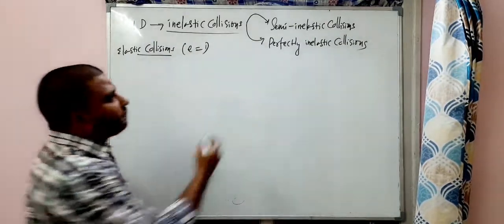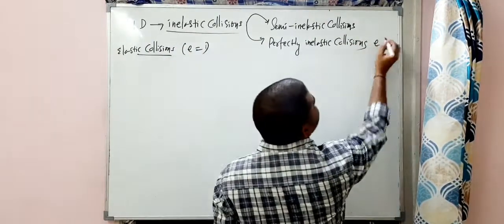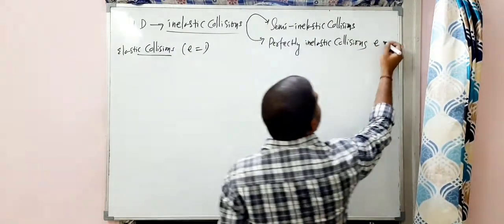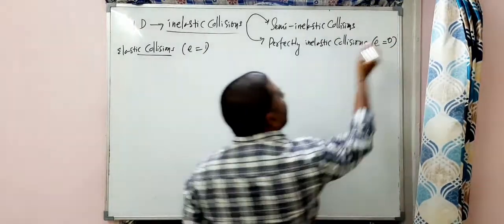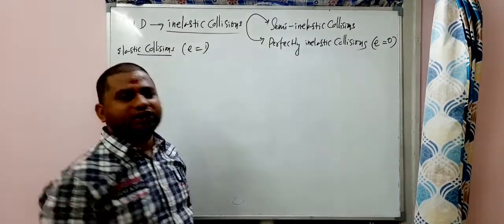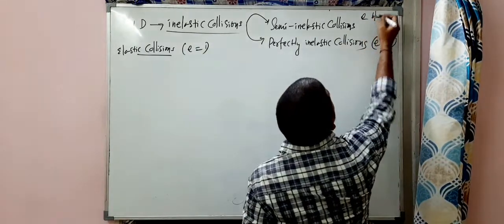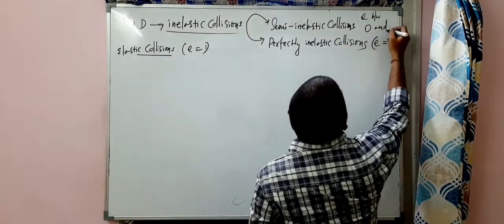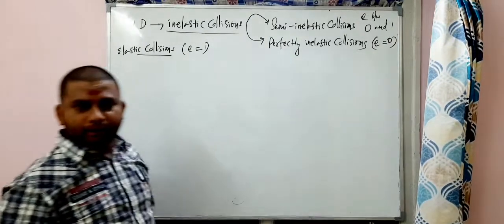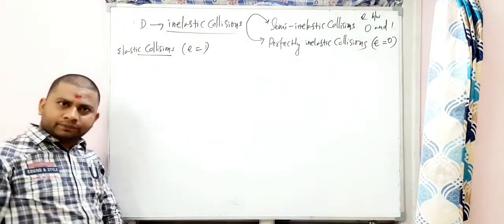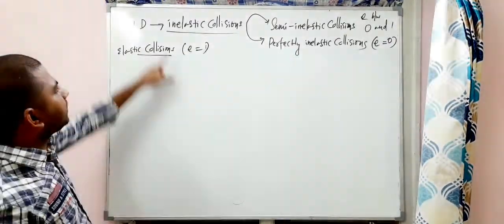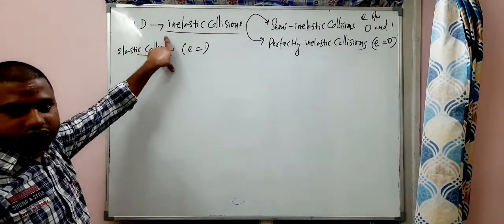For perfectly inelastic collisions, it will be 0. And for semi-inelastic collisions, it will be between 0 and 1. Observe carefully. Alright. Now, coming back to the concept of inelastic collisions.